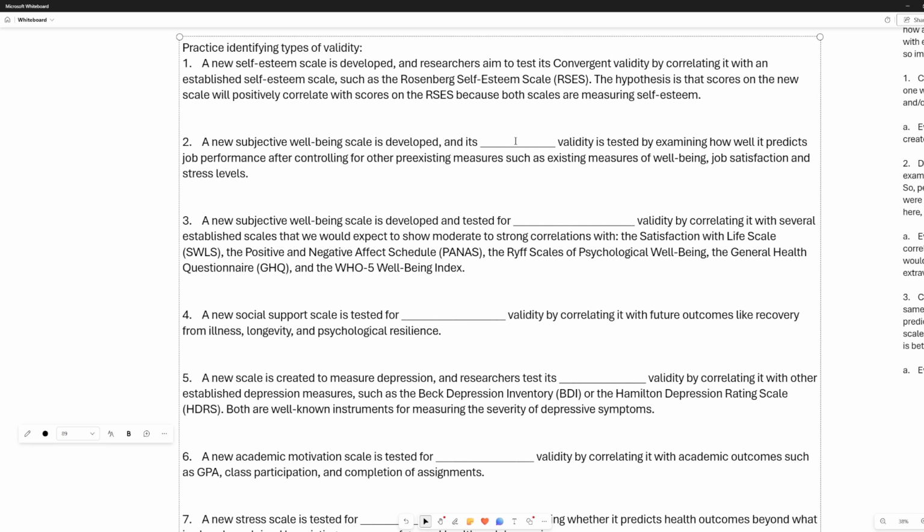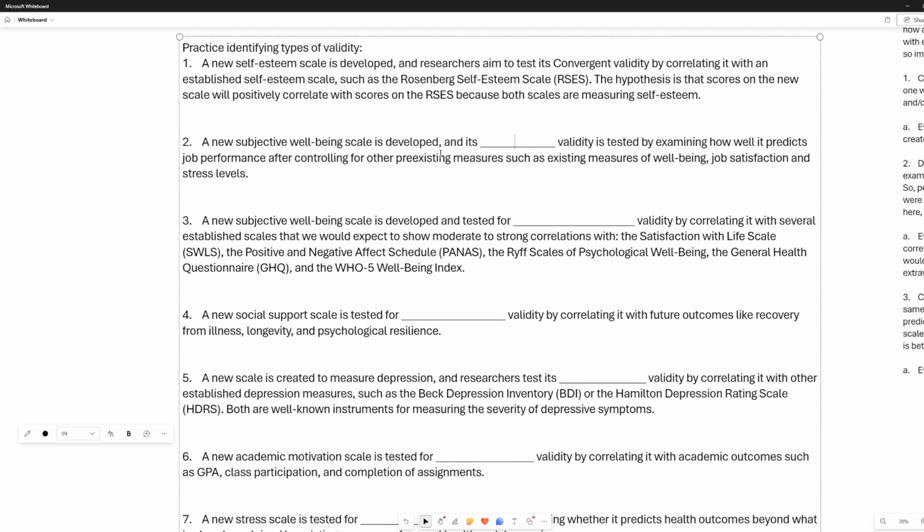Well, it sounds to me more like predictive because you have this subjective well-being scale and you're correlating it to job performance. Well, we'd probably have to measure job performance across a longer period of time than just in this moment. I guess it's possible that we can measure in the moment, but probably this would be predictive validity.